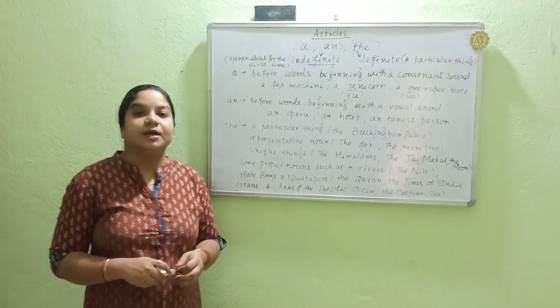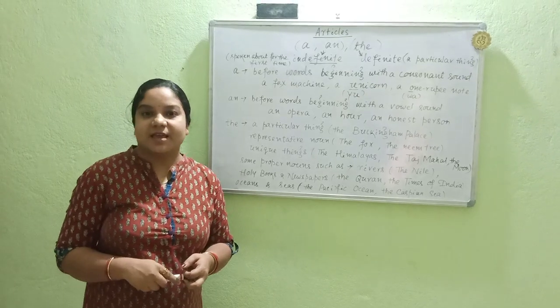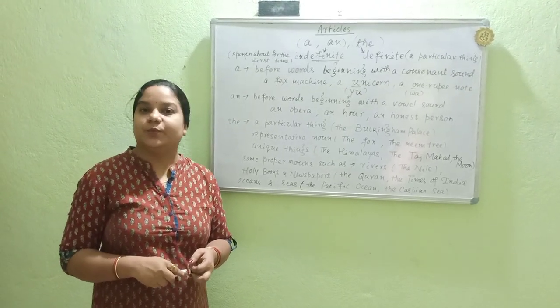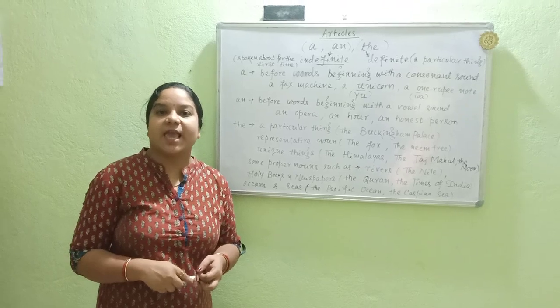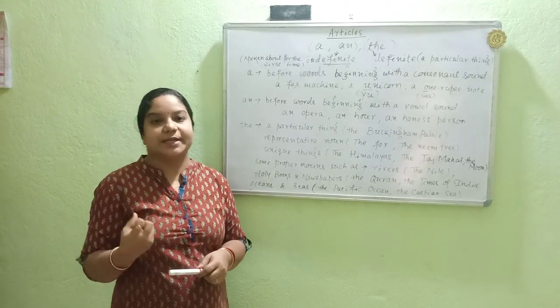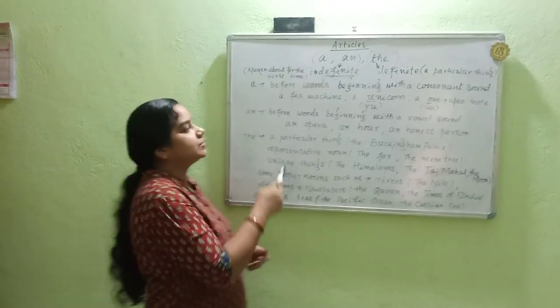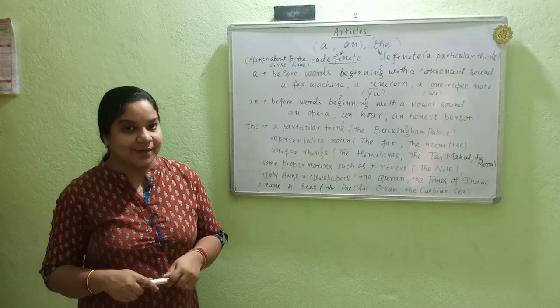For example, B, C, D, P, Q, T, S. When you speak these letters, your mouth is fairly closed. You need to use all of your mouth, and that's exactly why those sounds are called consonant sounds.